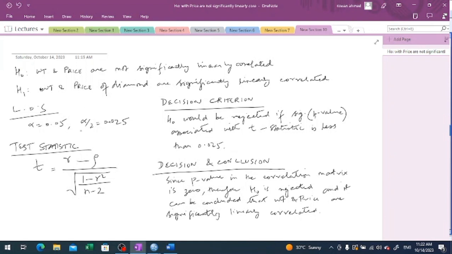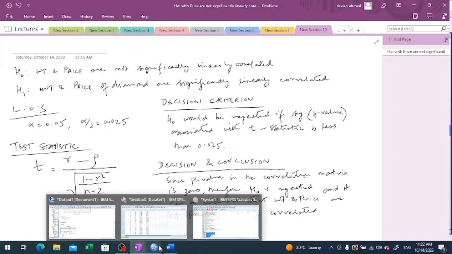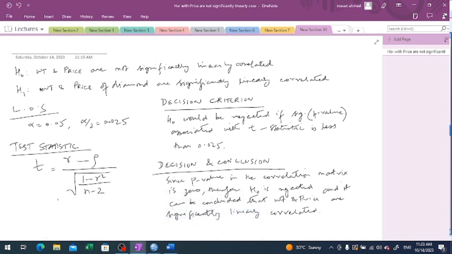So that's why we have performed a two-tailed test. But whenever rejection of a two-tail test occurs, it may be in the left tail or in the right tail. In case of T, if rejection in the left tail occurs, this can be identified with the negative sign associated with the T statistic, and vice versa.